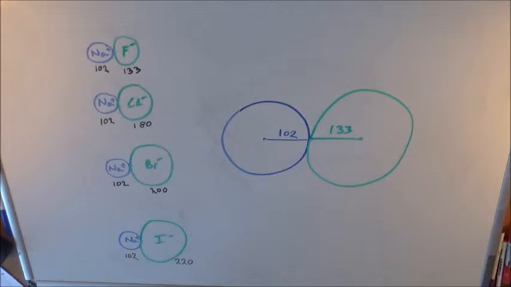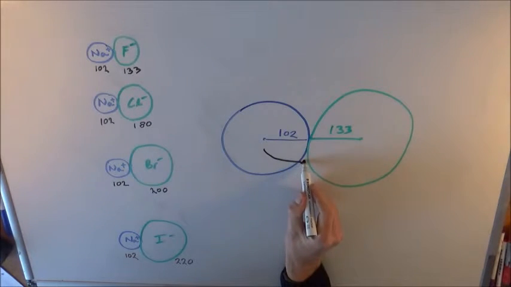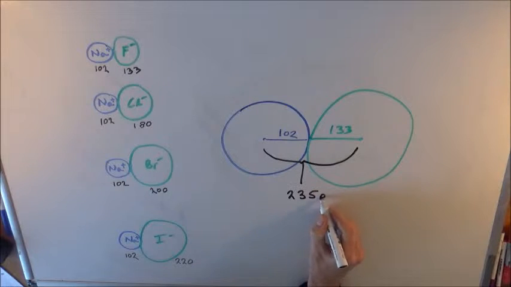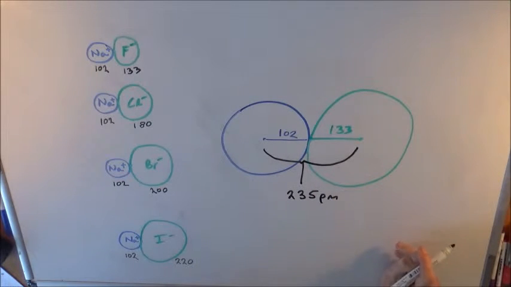So that enables us to estimate the distance between the centres of the two ions in the lattice if they're packed together as spheres, and this would be 235 picometers. I've just added together the two radii.